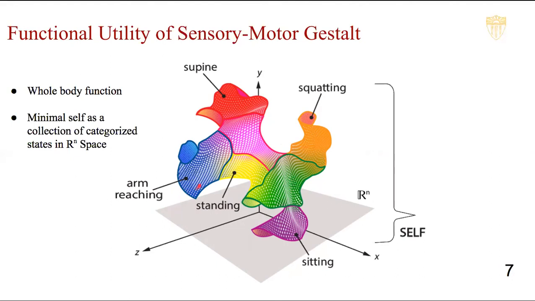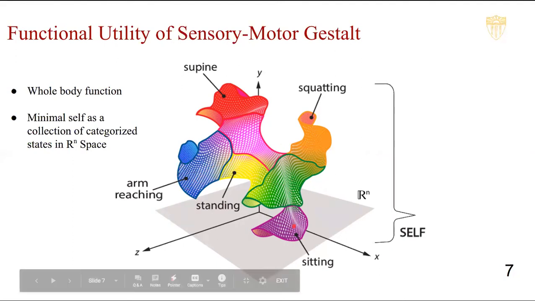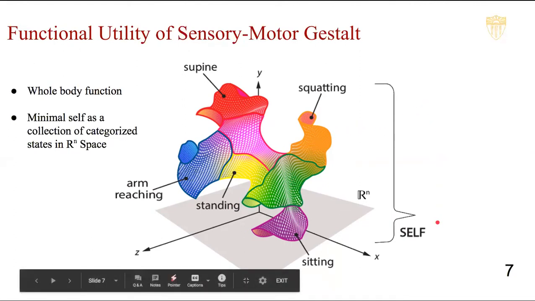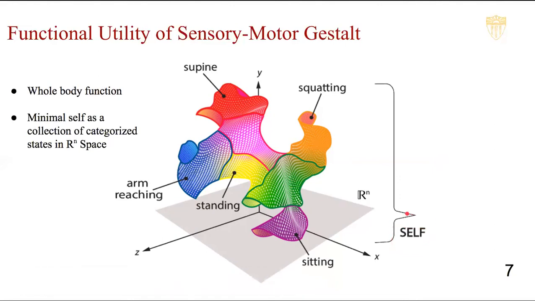For example, arm reaching has certain sensory-motor constraints to reach standing, to reach sitting, and to eventually reach squatting. We envision the representation of minimal self as a collection of organized states in real coordinate space, Rn, formed from these sensory and motor maps and made useful by the agency they provide.